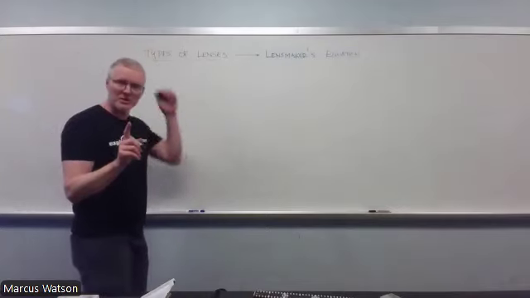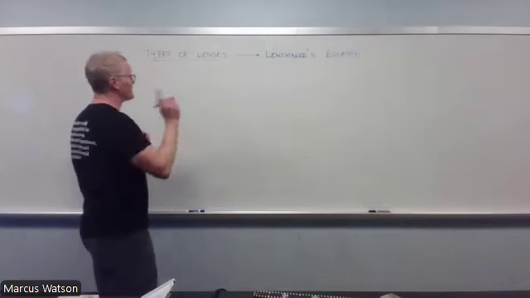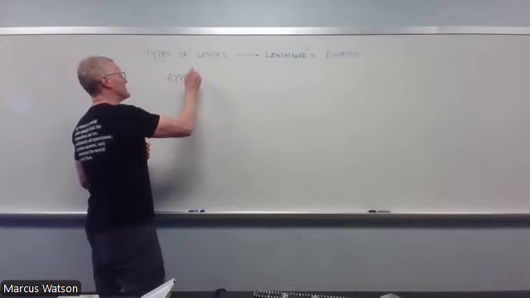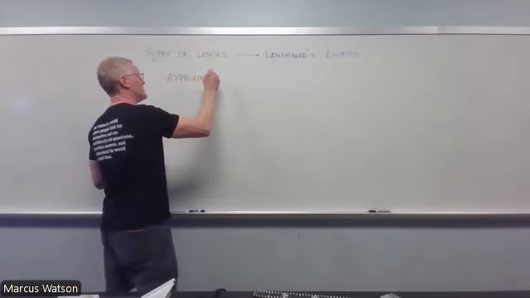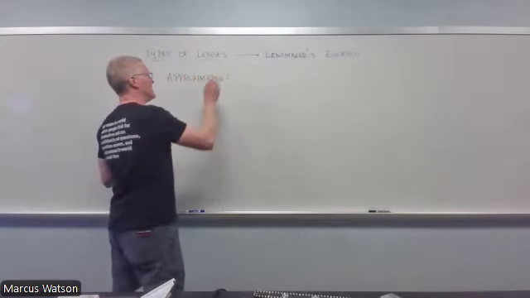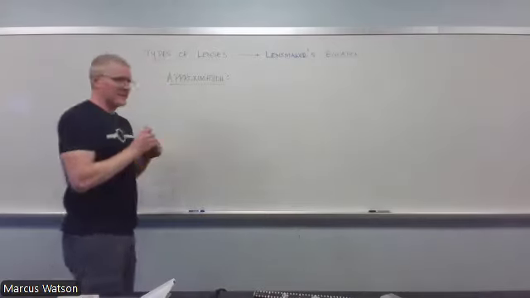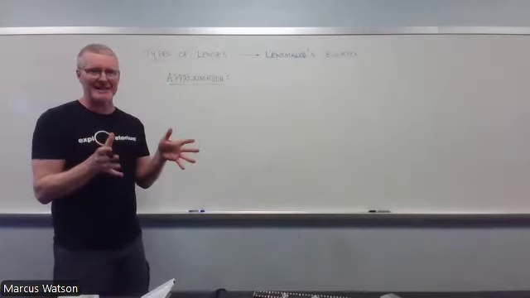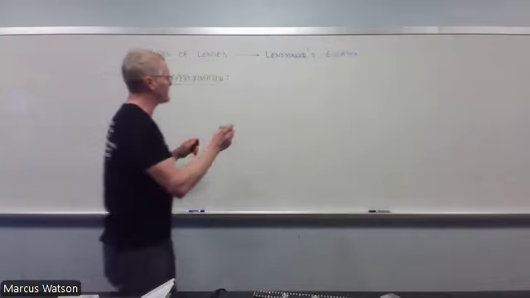Actually, the first thing we should do is I should tell you what the approximation is. So let's do that first. This is basically the only approximation that we need.